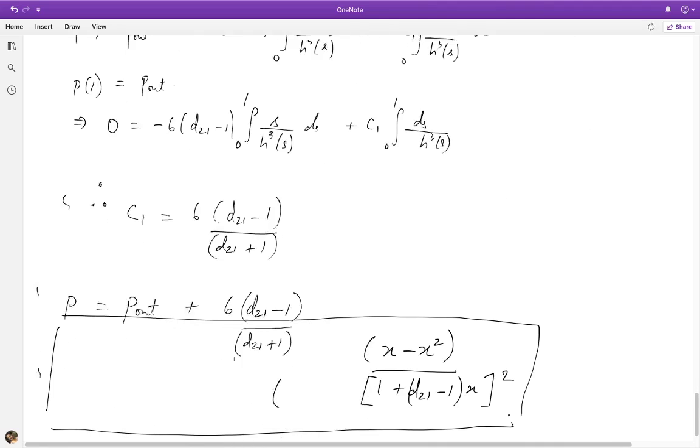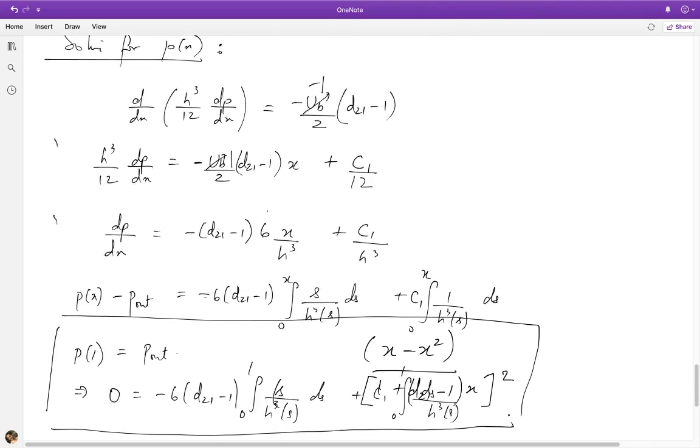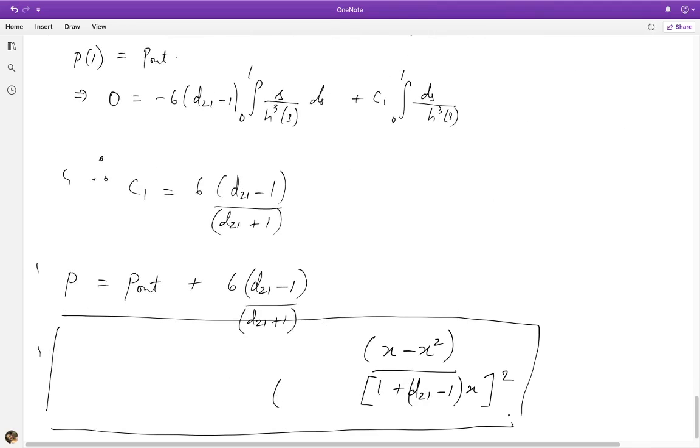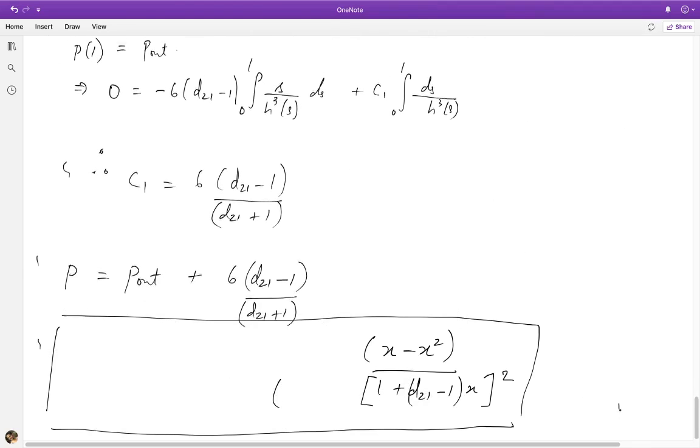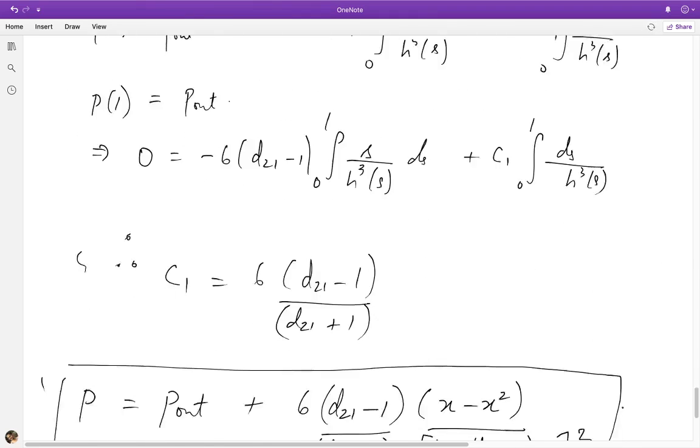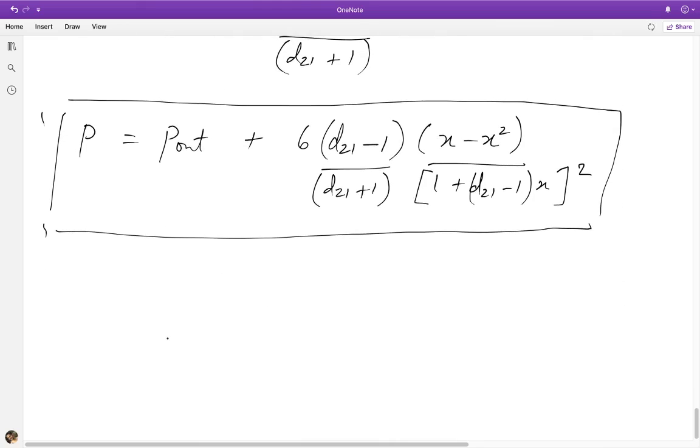So again, this just follows from straightforward calculation of the integrals that we had above. Alright, so now the important thing is to ask ourselves what is the nature of this pressure variation. We can qualitatively easily plot a graph because the expression is quite simple.